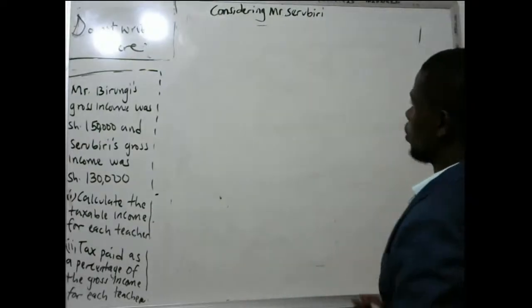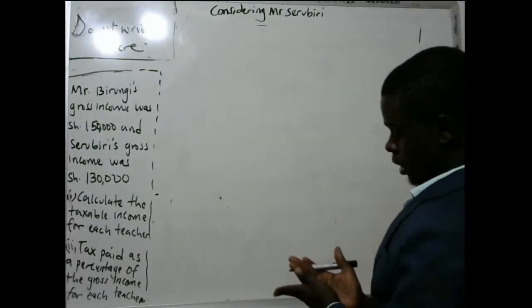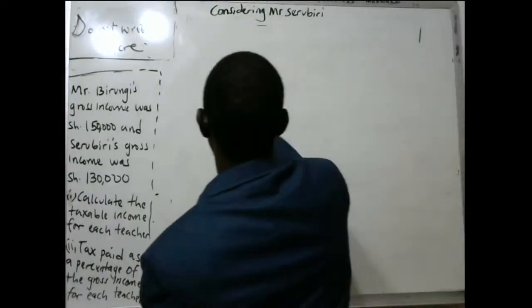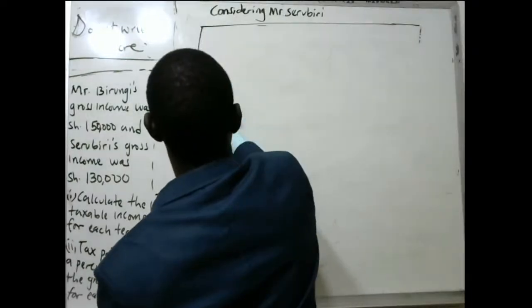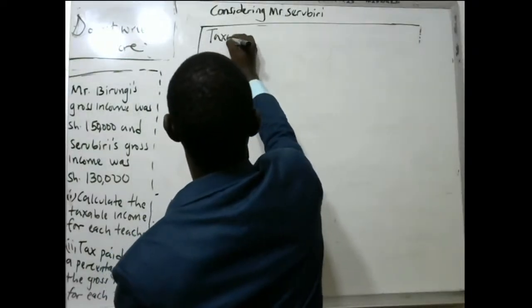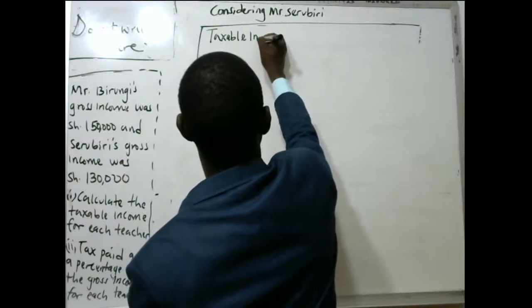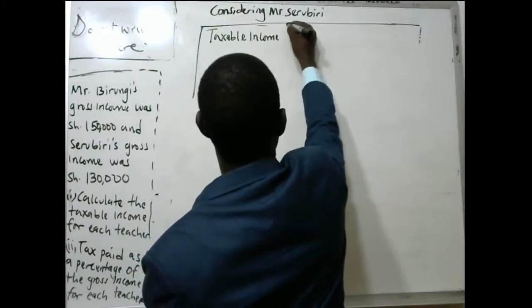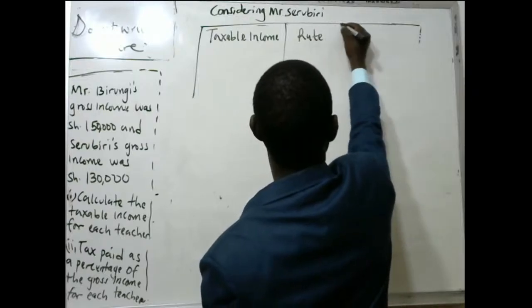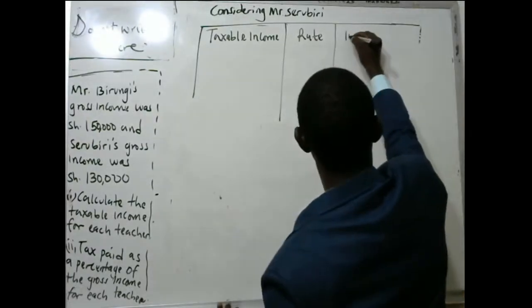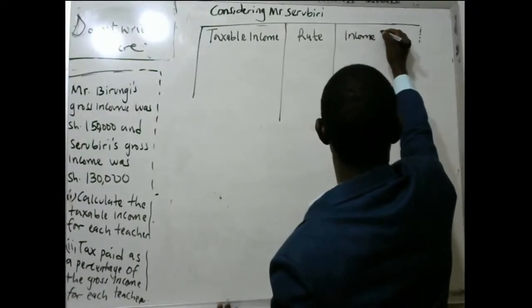Remember, you have to be knowing his taxable income, the amount of money that they are supposed to tax. Remember, they told us that we use another table here. Taxable income. What is the next one? It is the rate. And finally, the income tax.